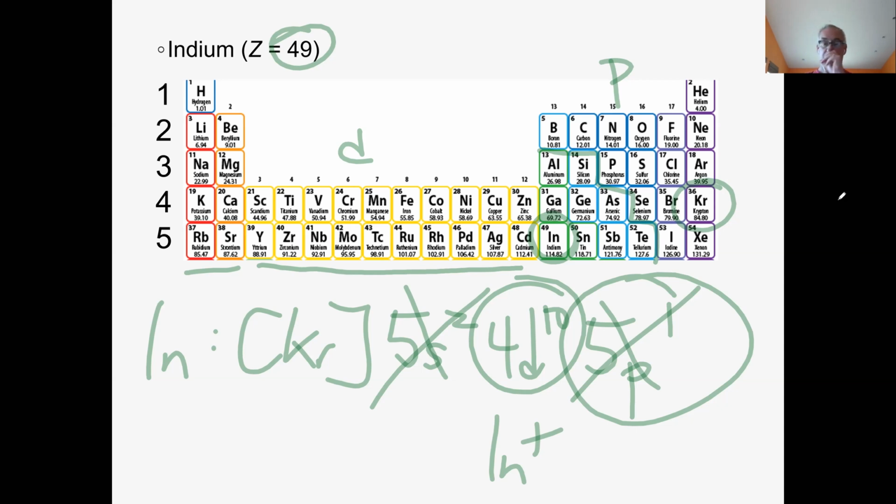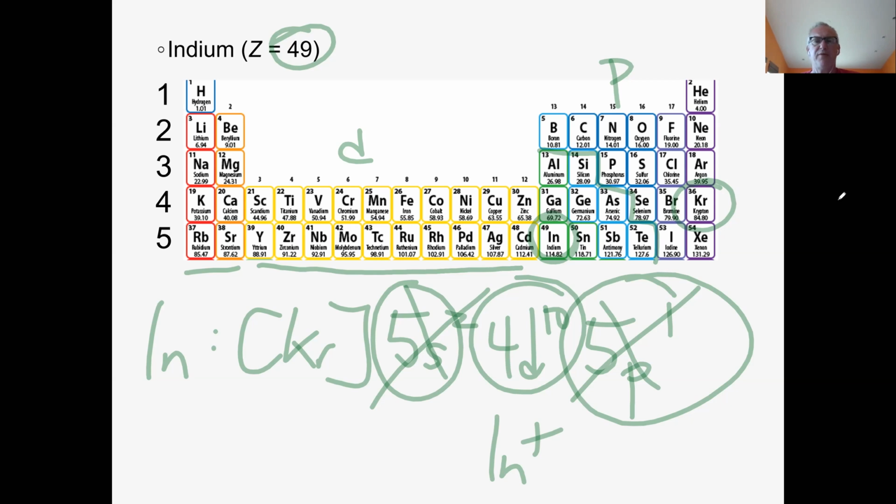Yes. So having the 4d filled lowers the energy of that ion more than having a full s shell does. So you get more of an energy bonus having that full d sequence completely filled. So the sequence of losing electrons is not the same as filling electrons, right?